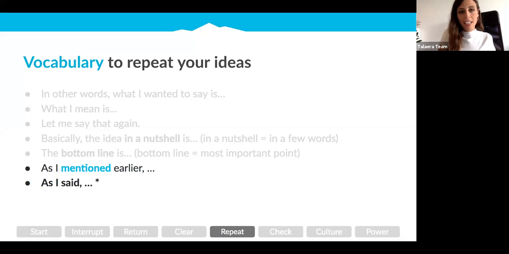So as I said, you can use this vocabulary to repeat your ideas. But when you're replying to someone, trying to correct them, you say, oh, but as I said, or as I mentioned earlier, that's when it comes across as rude. Again, repeating your own ideas is okay. But replying to someone else, trying to correct them with these sentences, is when it can be rude.